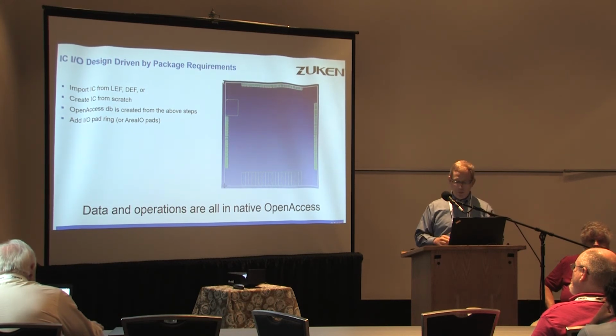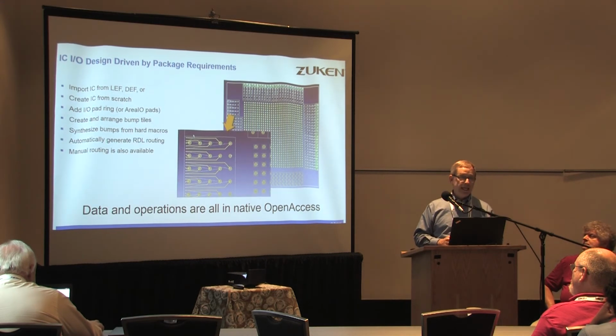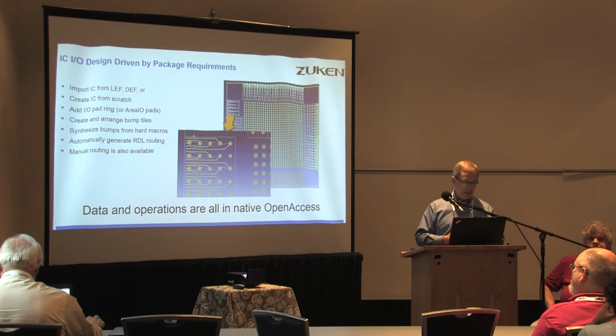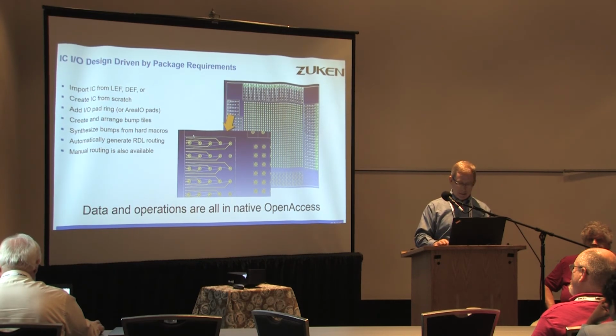And then we'll add an I/O pad ring. We'll synthesize bumps from hard macros and create and arrange the bump tiles. We'll do net assignments from the I/O drivers to the bumps, and do the automatic RDL routing, and provide also wire editing capabilities for manual edits.